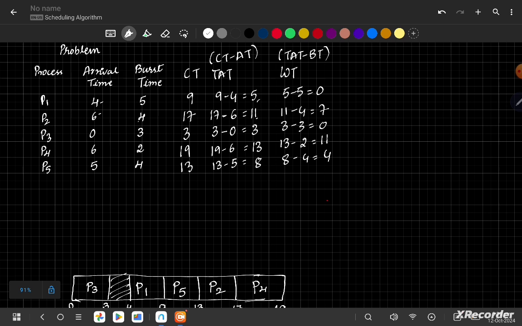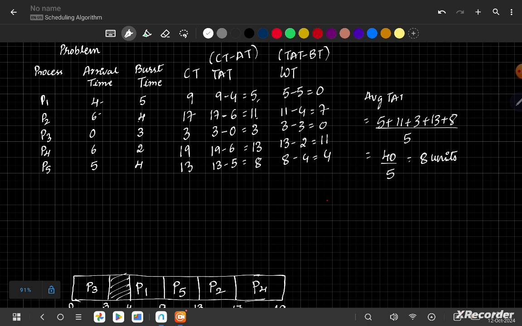We have to calculate average turnaround time and average waiting time. For average turnaround time, 5, 11, 3, 13 and 8 divided by the number of processes. We have 5 processes, so it will be 5. It will be 40 divided by 5, and the answer will be 8 units.